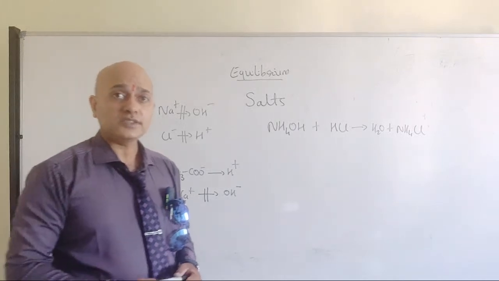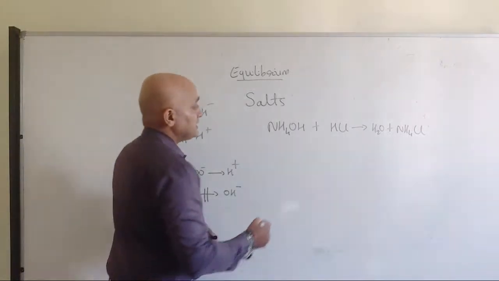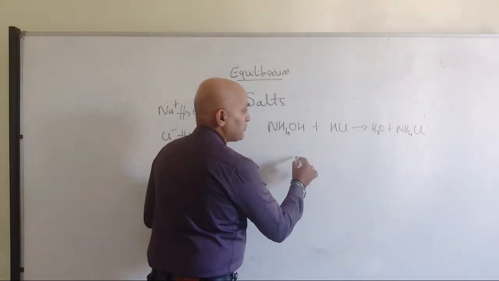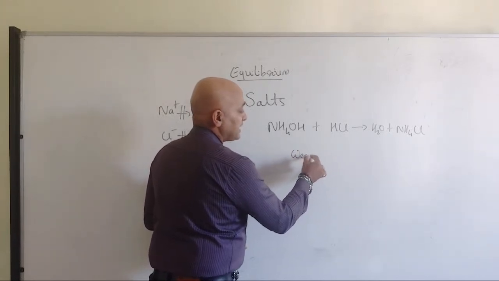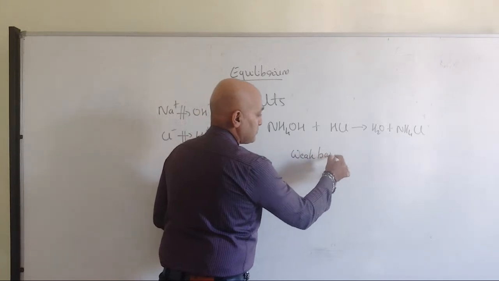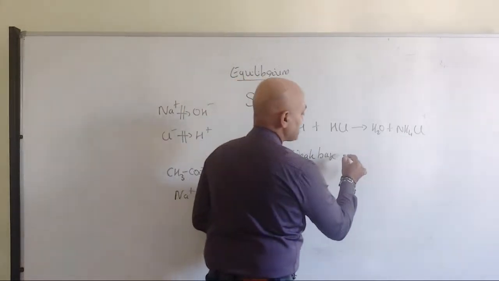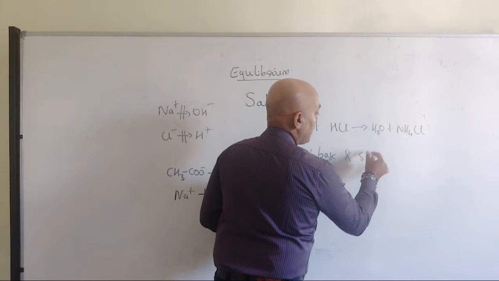Ammonium chloride is a salt now. Right? Now, how has ammonium chloride been prepared? It has been prepared by taking a weak base, ammonium hydroxide, and a strong acid.